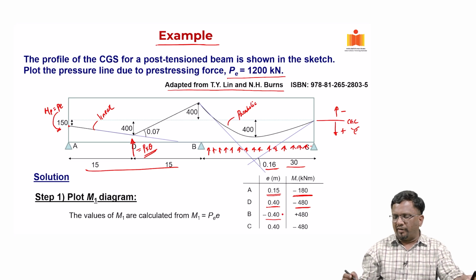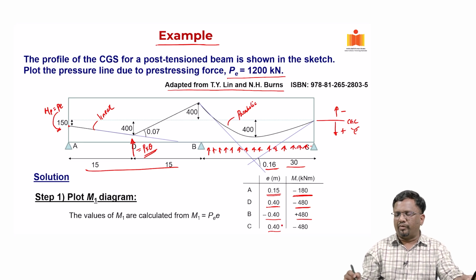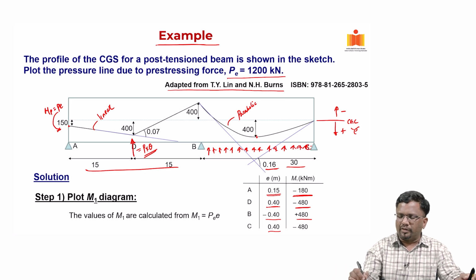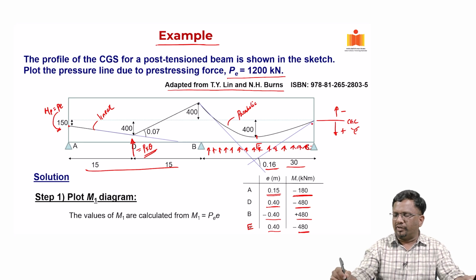At location B I have an eccentricity of minus 0.4, that is creating a moment of plus 480, and at this location I have an eccentricity of 0.4, sorry, this is not exactly at C. Let us say this is at A, B, C, D, maybe E I should say, right. And this is at minus 480, and of course, at this location there is no eccentricity, so it is going to be 0, right. So, at C it is going to be 0.